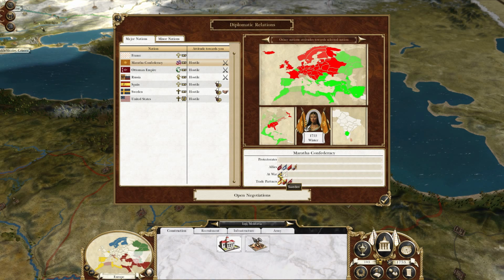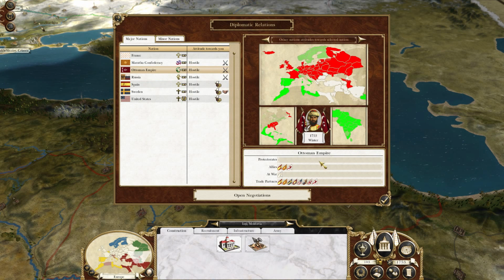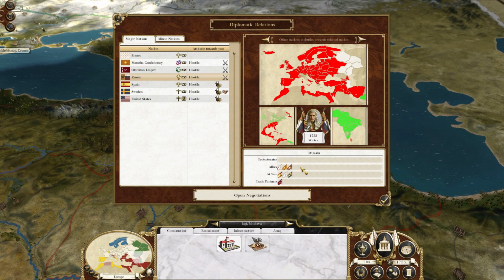Maratha Confederacy is fighting the Swedes and France, which obviously kind of keeps us together. Ottoman Empire has only one enemy, us. So it looks like they gave Azerbaijan to the Russians. The Russians are at war against Spain, France, Sweden.